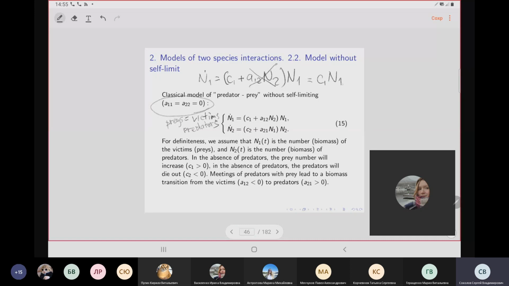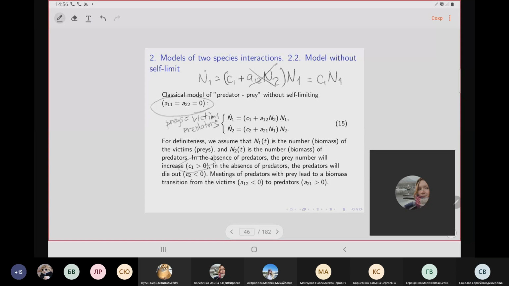So N1 dot is C1 N1. Therefore, if it is the only equation for our victims, we can conclude that the sign of C1 must be positive, because no one eats our victims. They can replenish and their population will increase. So the sign of C1 must be positive.